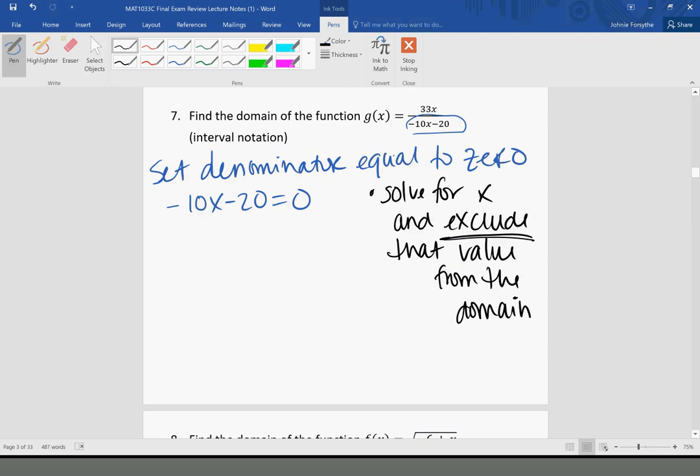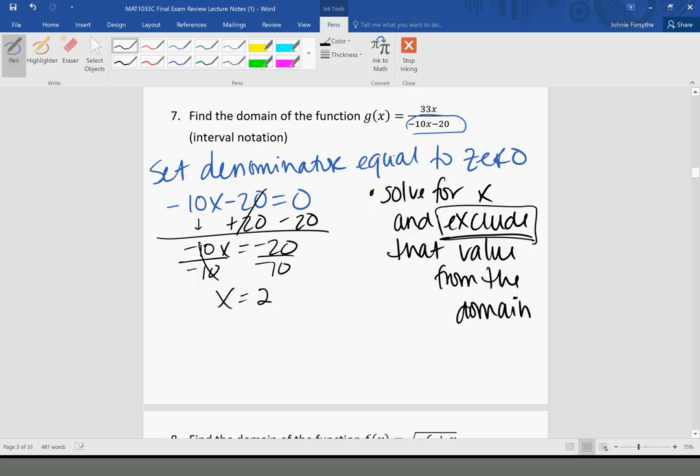So if we solve for x, we'll start by adding 20 to both sides. So we'll bring down that -10x is equal to -20, and then divide by -10, so x equals 2. So we want to exclude x equals 2.